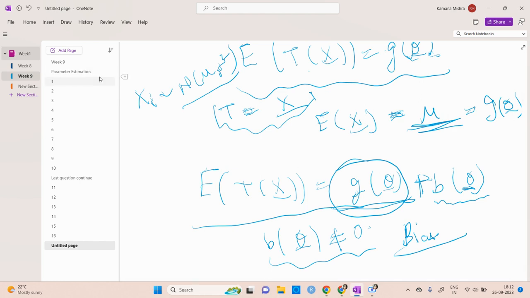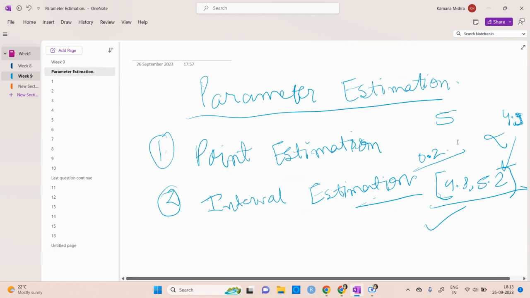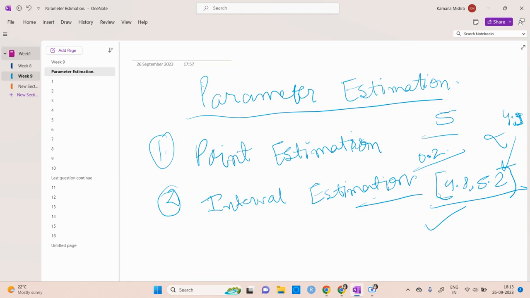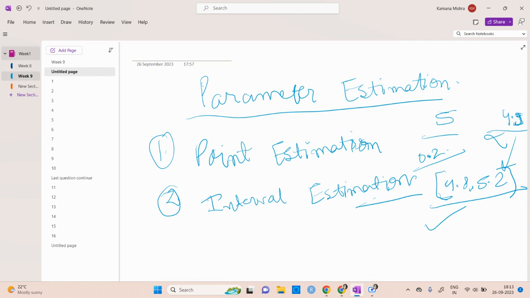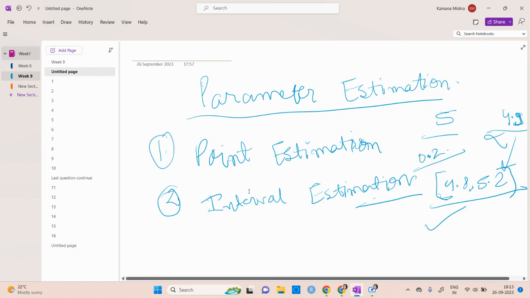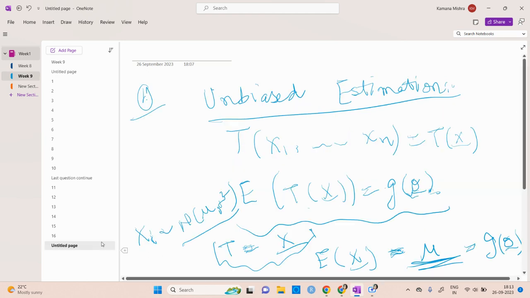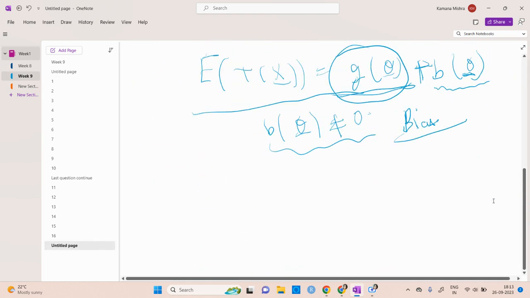So if we go through this slide where I have said that our mu is 5 and the sample mean is 4.9, this is biased by 0.1. It does not matter whether it is negative or positive, it is biased by 0.1. Then it will depend whether we want to select it or not.